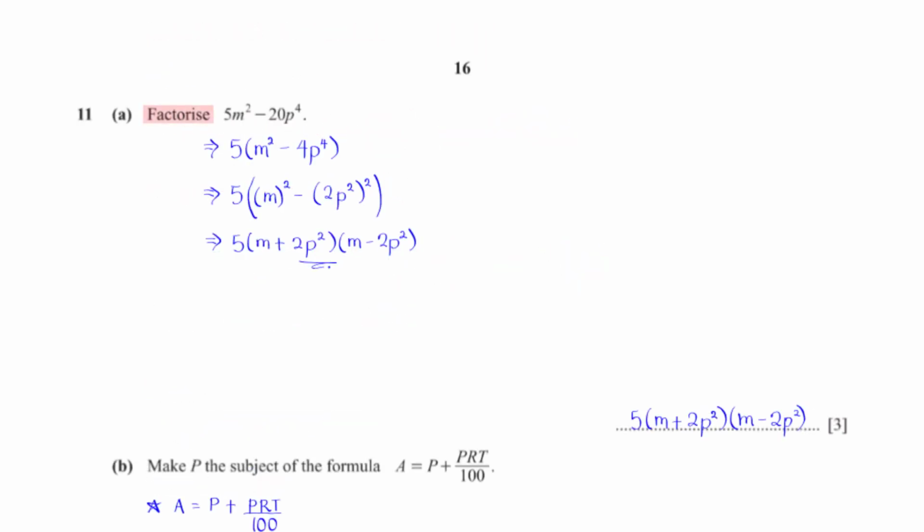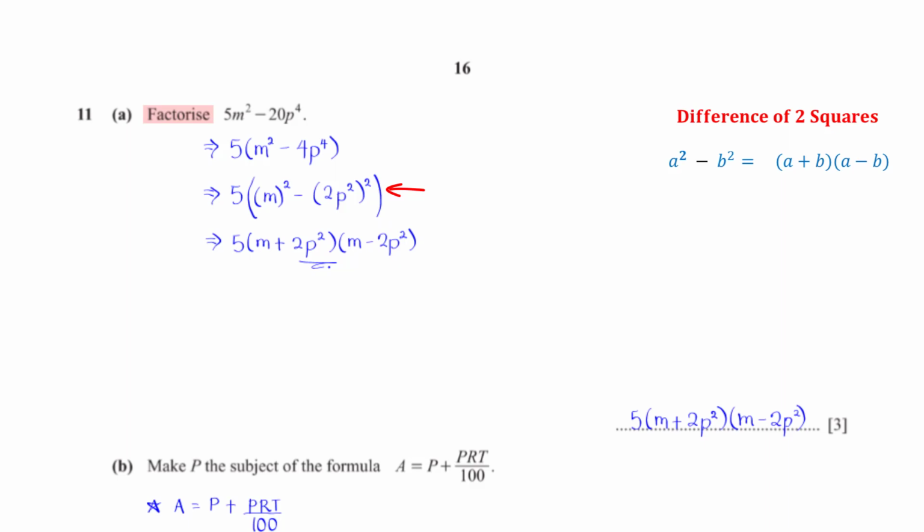Factorize 5m squared minus 20p raised to the power 4. The terms have a common factor of 5. When we factor out 5, we are left with m squared minus 4p raised to the power 4. M squared minus 4p raised to the power 4 is a difference of 2 squares, and we can rewrite it as m squared minus 2p squared all squared.